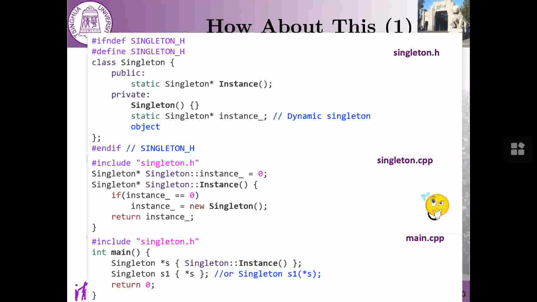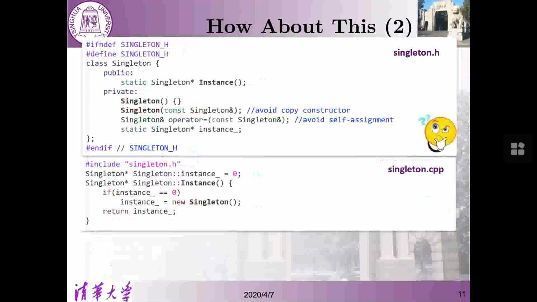Reviewing this idea, here is an example of the singleton. If we only set the constructor as private, we could still create objects with the copy constructor, so we should set the copy constructor as private.